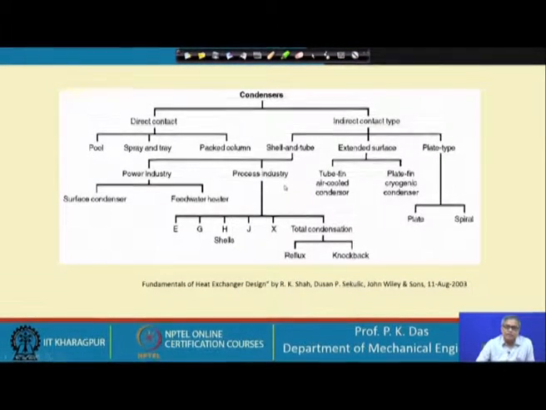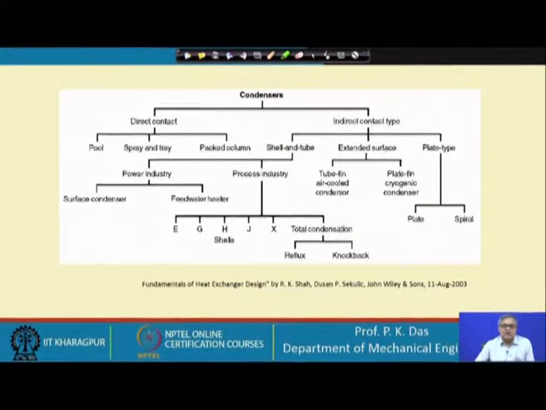So, in some cases we will find that the condensing fluid will be in the shell side, and in some cases of course, it is possible to have the condensing fluid in the tube side. So, both are possible, and when specific examples will come, I will again refer to this point. Now, shell and tube type of heat exchangers, generally these are big heat exchangers. They are not so compact, but for big capacity where space etc.